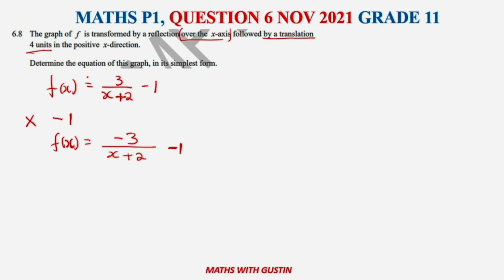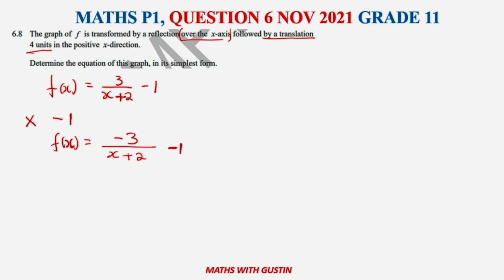All right, so when they say 4 units in the positive direction, remember this x value here, it is as good as when I ask what is the line of asymptote, you're going to say negative. So with x, when you're doing a transformation of moving the graph to the right, to the left, positive direction, 4 units in the positive x direction, what does this mean?